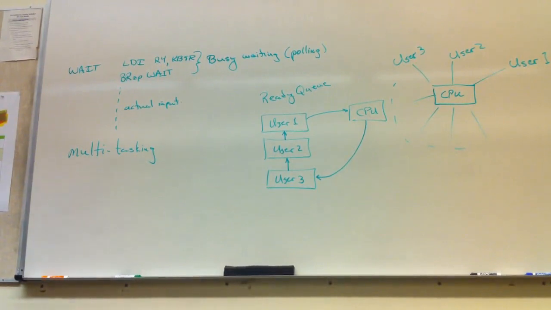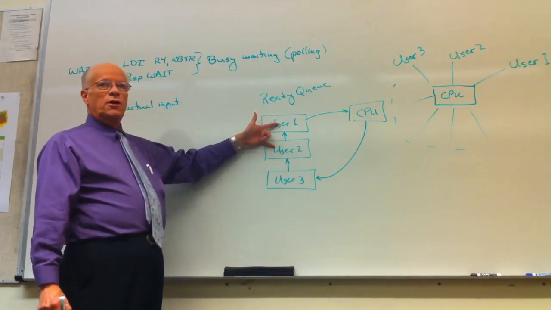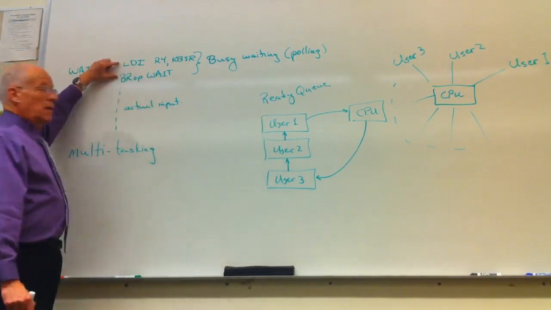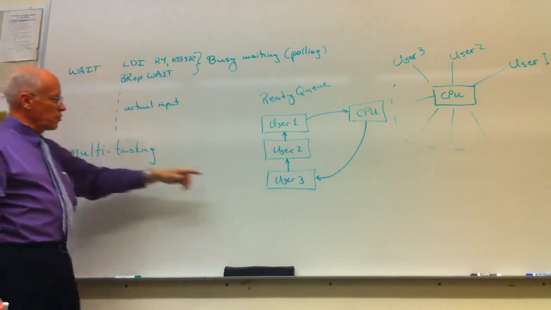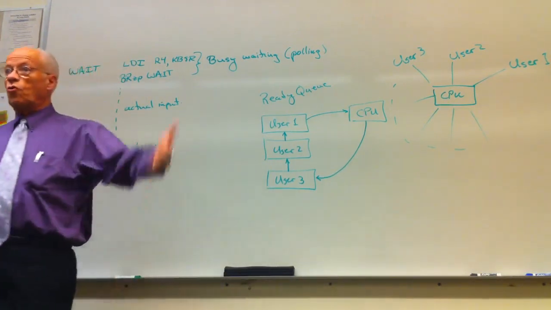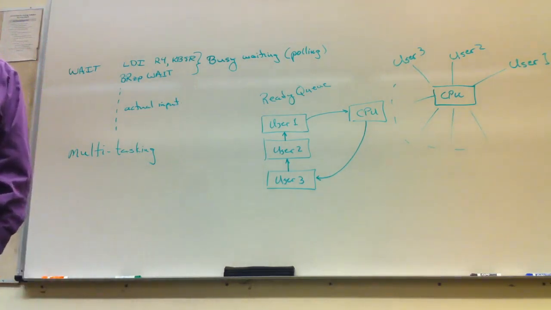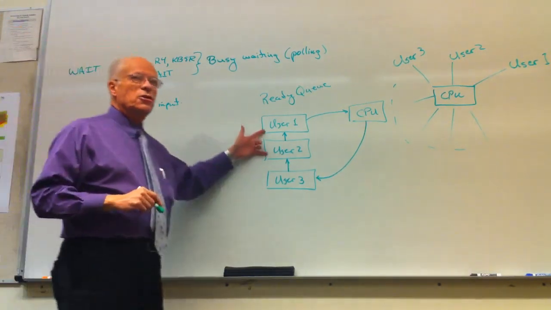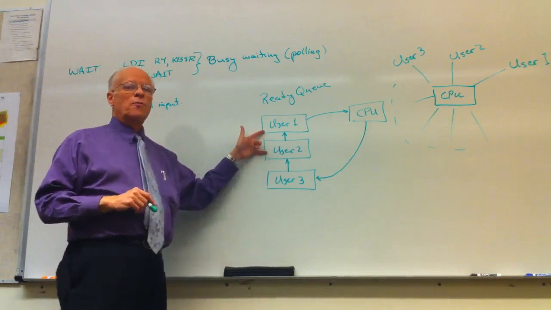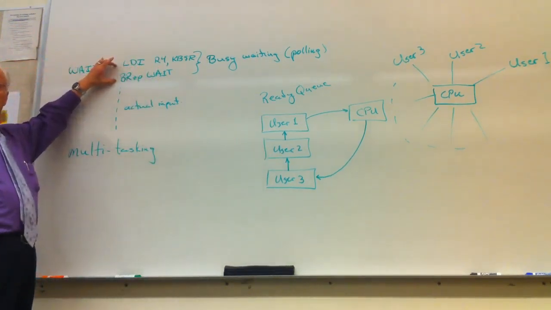Now, suppose that user 1 and user 2 are at this point in their programs, but user 3 has some worthwhile work to do, something other than just loading that status register and checking it. Okay, so through 2/3 of the CPU time, we're doing nothing more than loading and branching.